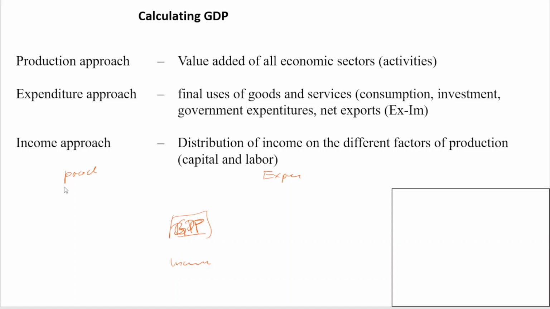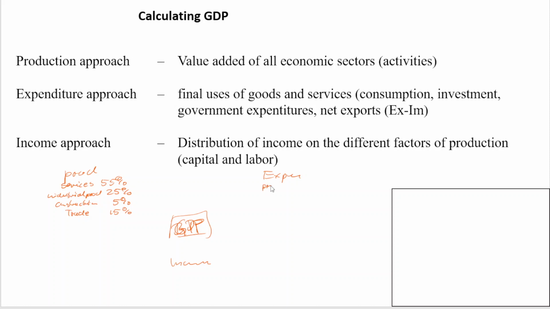Production, we had services, roughly 55, industrial production, roughly 25, then construction, roughly 5%, and trade, roughly 15%. This we also did in the lecture.